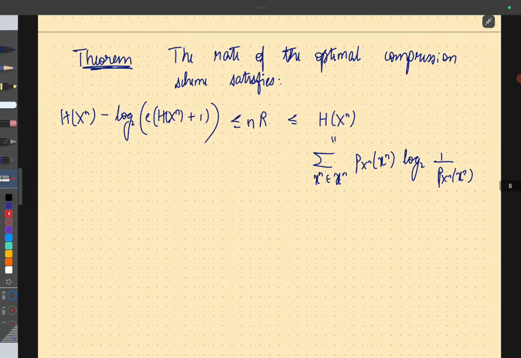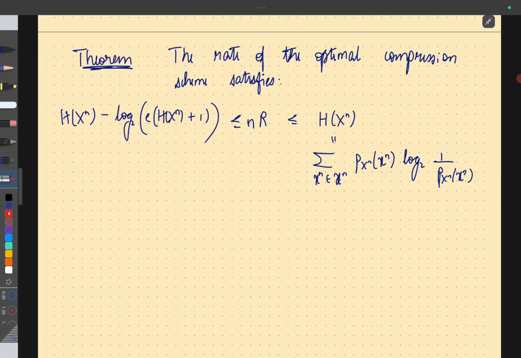And for this, we already saw what the optimal compression scheme is, assuming you don't have any computational complexity constraints. The optimal scheme is you just take all of the source sequences in decreasing order of probability, and you assign compressed strings of increasing length, one after the other.